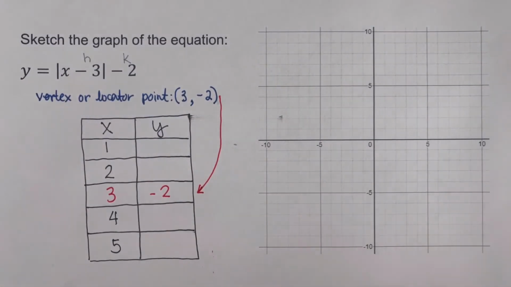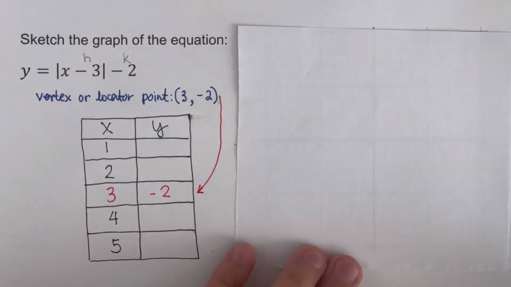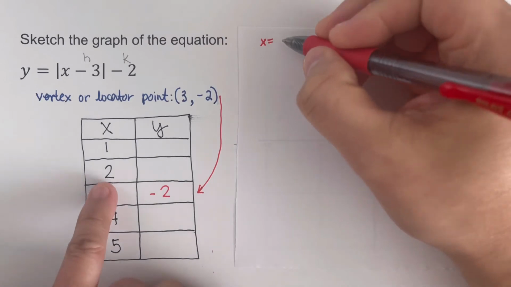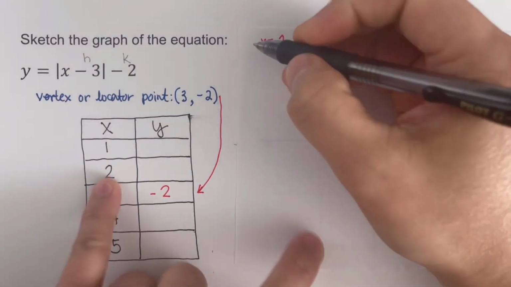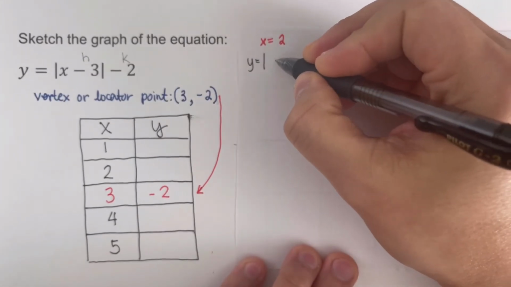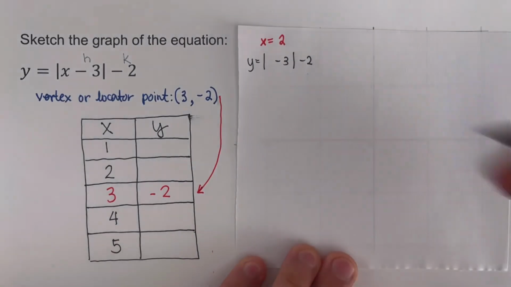So we go ahead and determine the value of y whenever our x is 2. So I'm going to go ahead and show that work on the side right here. So x is equal to 2, then we are going to plug this into this equation right here. So y equals the absolute value of x minus 3, minus 2. Again, we put in the 2 here.